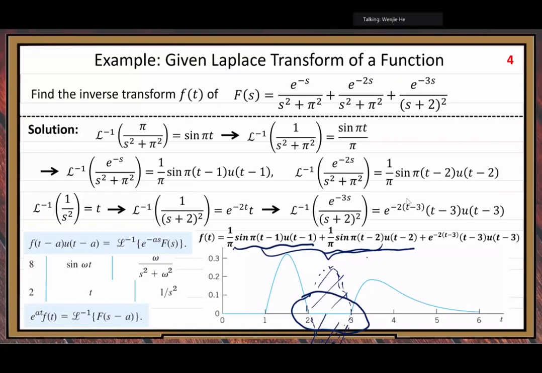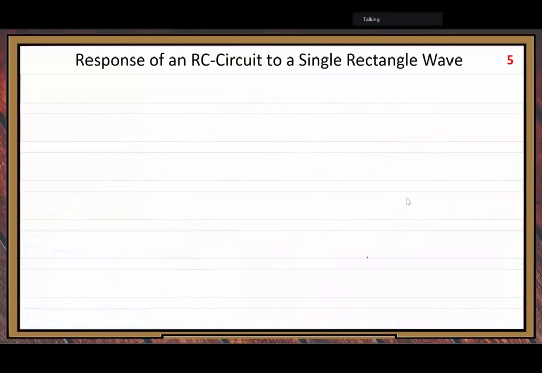So that's our first example. Second one, we solve an RC circuit problem with a single rectangle wave. The right-hand side function corresponds to the battery or generator, right?